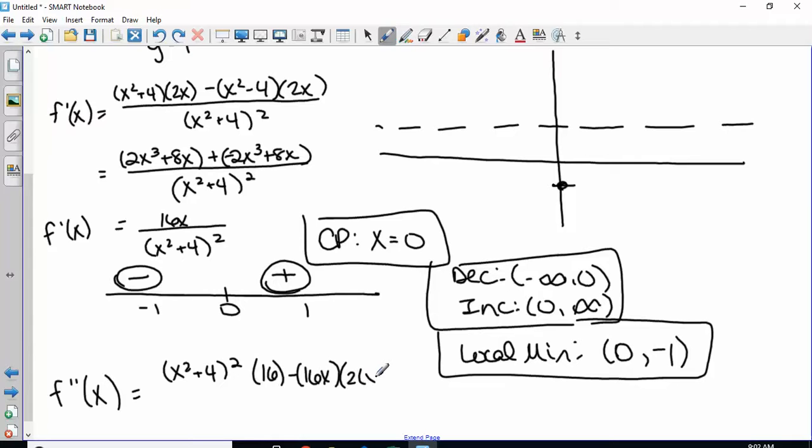So the 2 would come down, inside stays the same, subtract 1 from the power, so it's to the first, times derivative of the inside, which is a 2x, over low squared. So it was squared, so if I square it again, it becomes to the 4th.